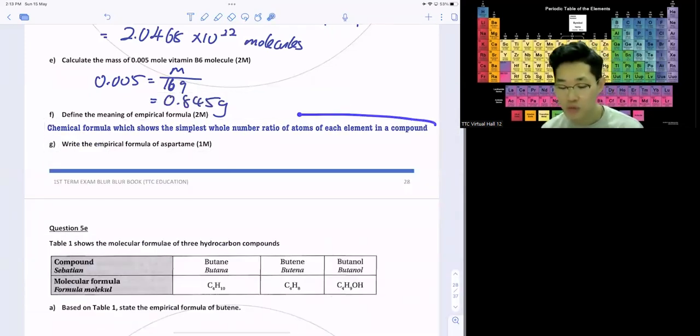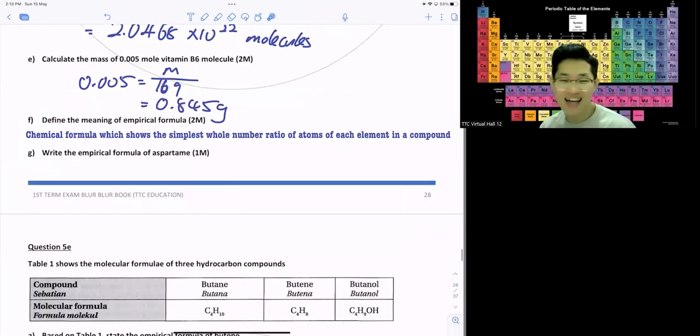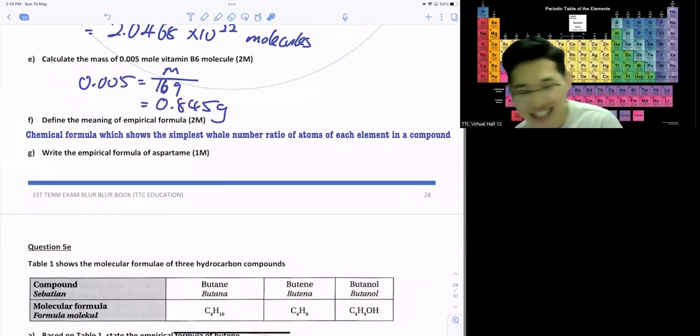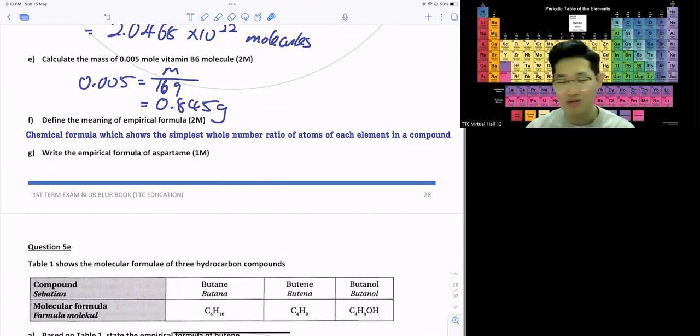Definition has to always be perfect. Normally, if one word is missing, they will just minus your mark. And you can't build your own sentence like an explanation. And there are a lot of definitions.